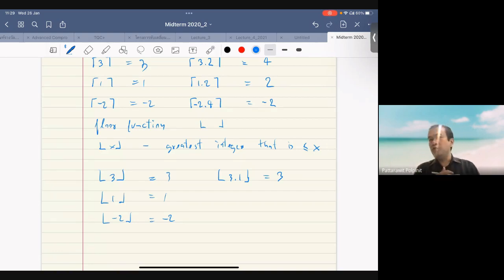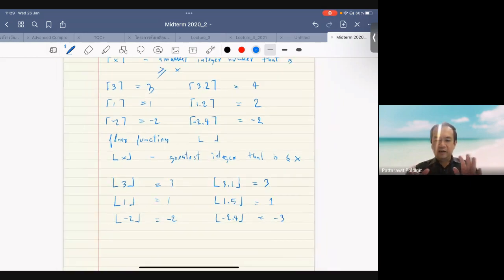You cannot use 2 because even though 2 is less than 3.1, 2 is not the biggest. You have 3, right? The floor of 1.5 is equal to 1. The floor of minus 2.4, minus 3. Okay, so that is the floor and ceiling.